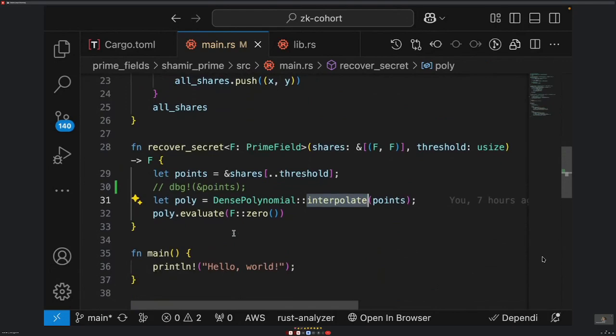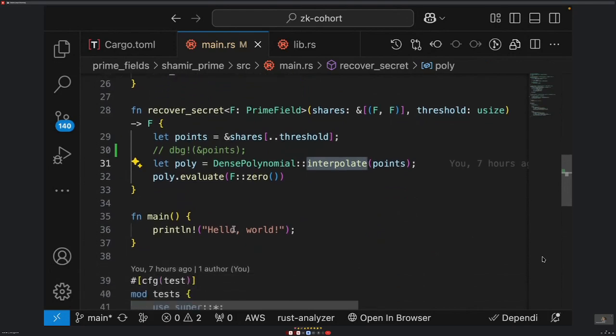The next one is that since I've gotten the points that I want to interpolate at, interpolation means that I have gotten the set of points and I want to reconstruct my polynomial. Once I interpolate, I've now gotten the polynomial. If I want to be sure I've gotten the right value, I'm going to evaluate the polynomial at F0. Remember, F0 is where I hid my secret.